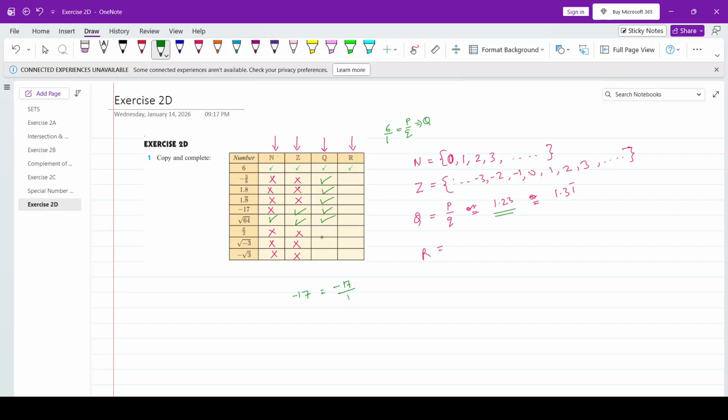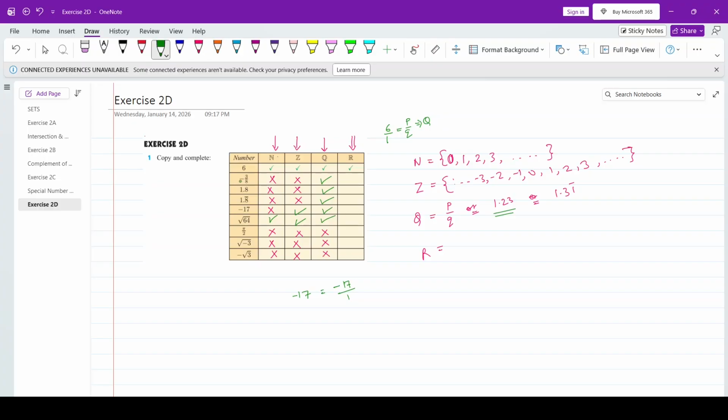Pi by 2 is irrational, so it is not a part of rational numbers. Square root of negative 3, it is not a rational number. Negative square root of 3 is also not a part of rational numbers because root 3 is irrational.